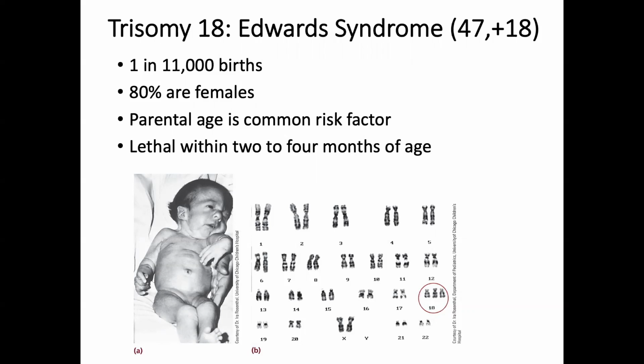Many of those affected die before birth or within 2 to 4 months of age, and survival beyond a year of life is around 5 to 10%. Similar to trisomy 13, parental age is a common risk factor for this disease. The infant shown in this picture has trisomy 18, and here is the karyotype, which shows three chromosome 18s.